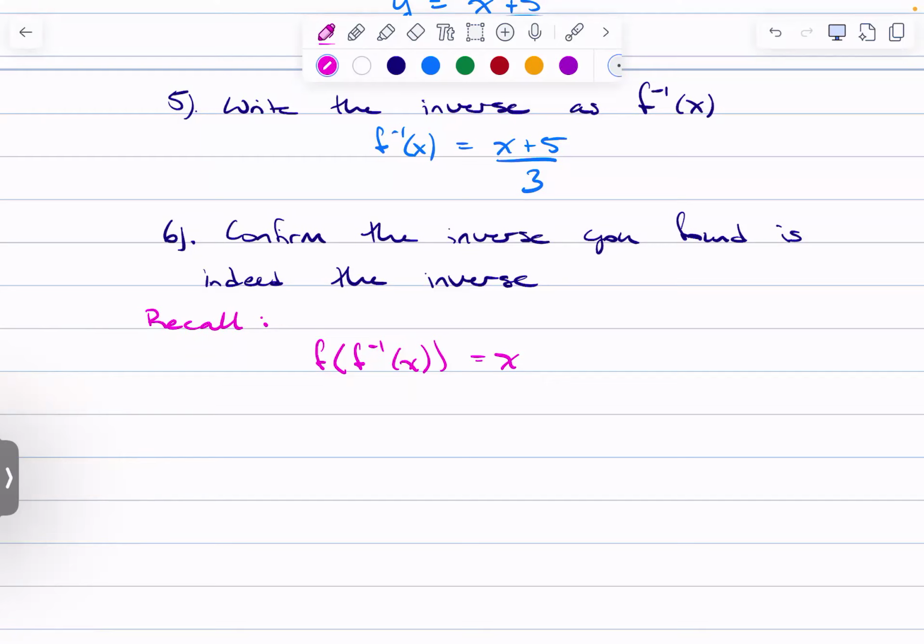And the inverse composed with the original function at x should also just give me x. So we're going to do these two function compositions, and I like to do them side by side, otherwise it takes up a ton of space.